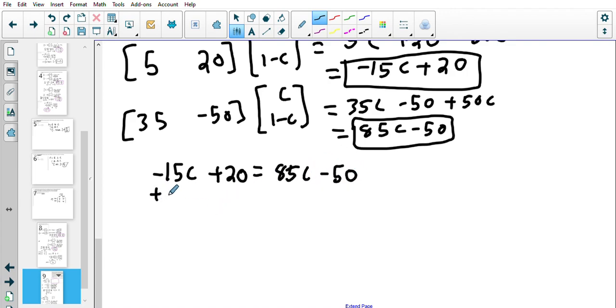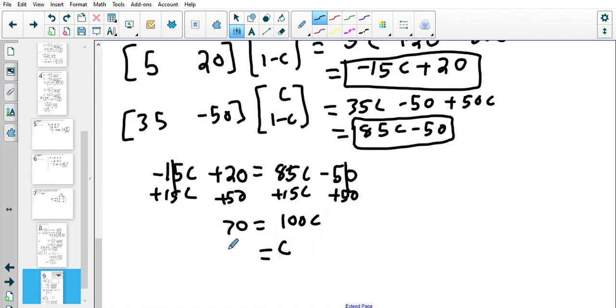We'll add 15C to both sides, and we'll add 50 to both sides. That'll give us 70 equals 100C. So C equals 70 over 100, or 0.7, 70%. So it looks like the Serb strategy should be 70%, 30%.